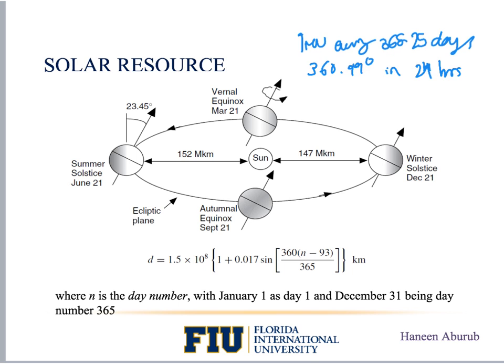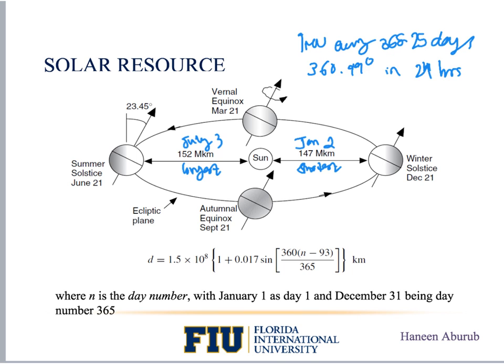So on January the 2nd we have the shortest distance between the Earth and the Sun, while the longest distance between the Earth and the Sun occurs on July the 3rd, and the maximum distance is around 152 million kilometers. So this is the longest distance and this is the shortest distance.